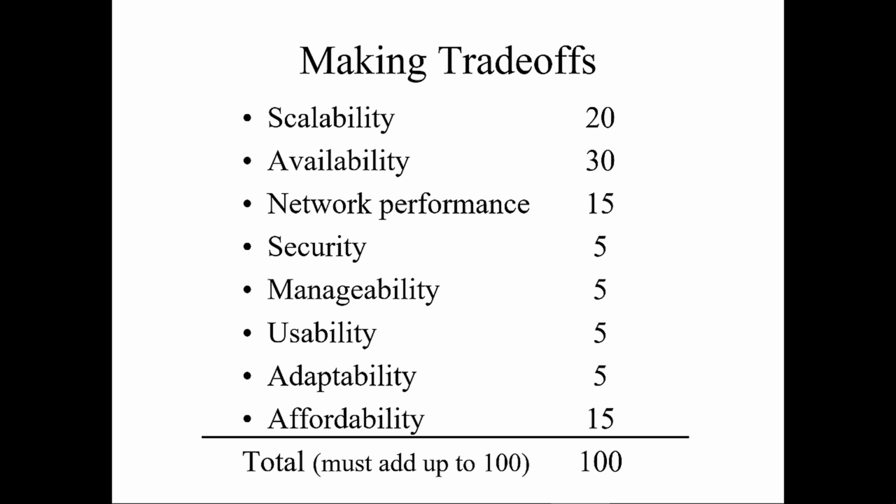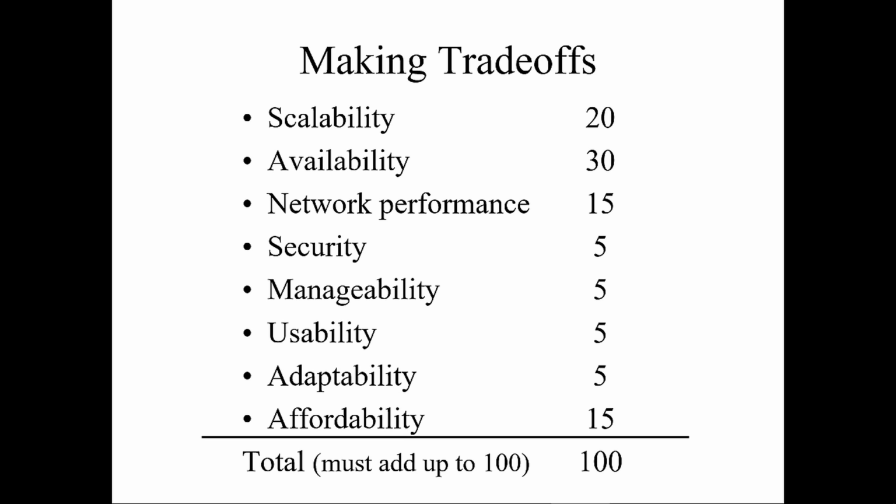For example, making trade-offs. If scalability is going to be 20% of our focus and availability is going to be 30% of our focus, network performance 15, security 5, the rest of them all 5, we can make trade-offs. That way security may be increased, but that means we're going to have to lower the rank of another item.